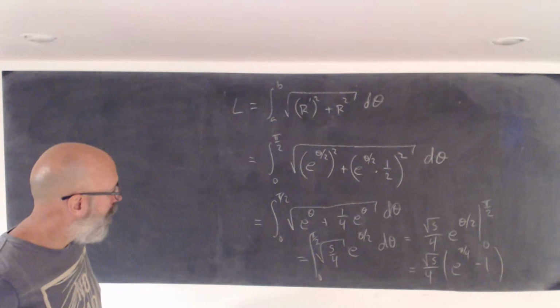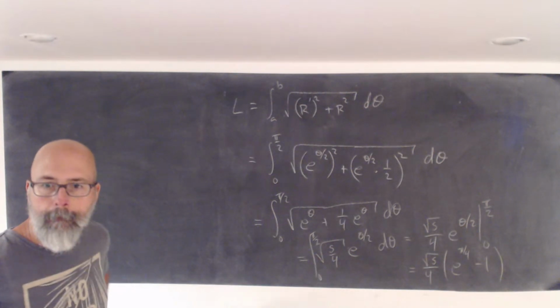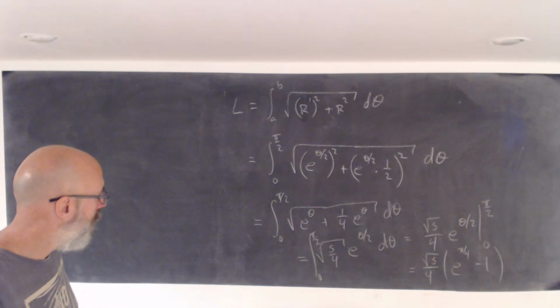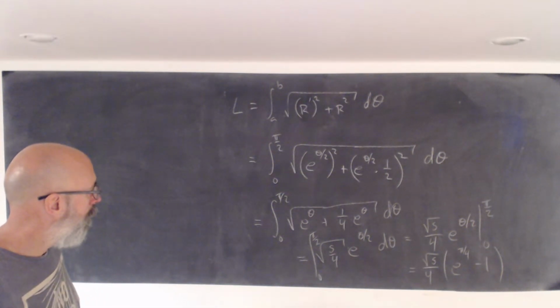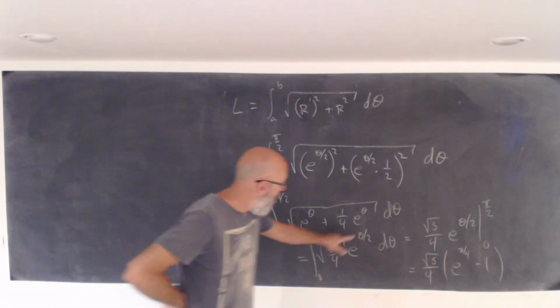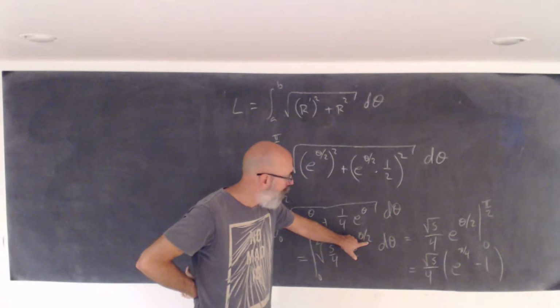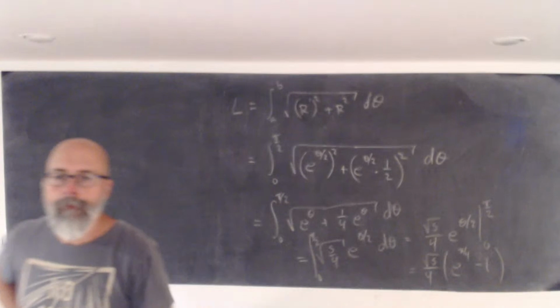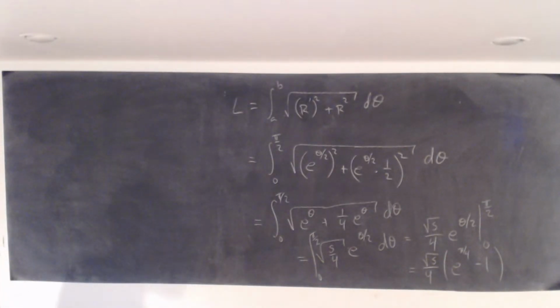Have I made a mistake, Yuni? Square root 5/2 here, correct. But then when you take the antiderivative, because of the 1/2 there, I think we're good.